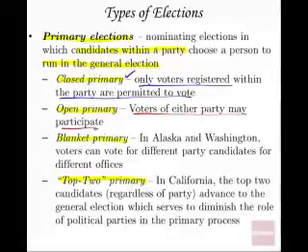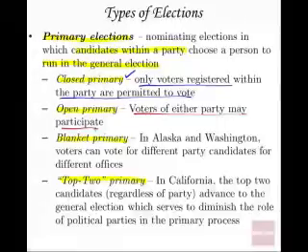So with open primaries, you can probably see some effect where if you're a Democrat, then you can decide, I want to vote for the Republican primary. And you can see how this could be an issue in 2012 when the Democrats basically had their nomination pretty much wrapped up in Obama.